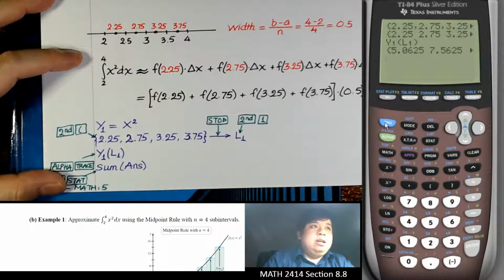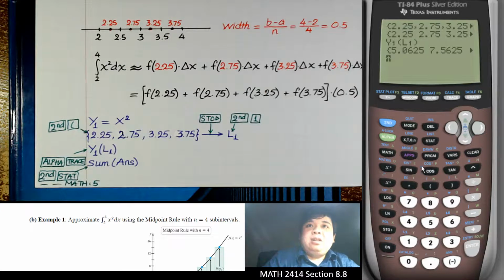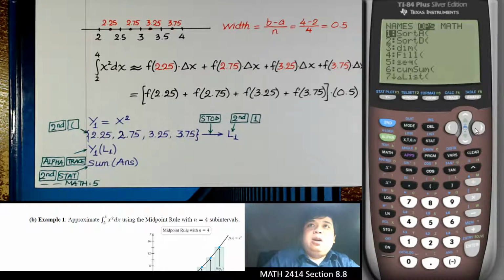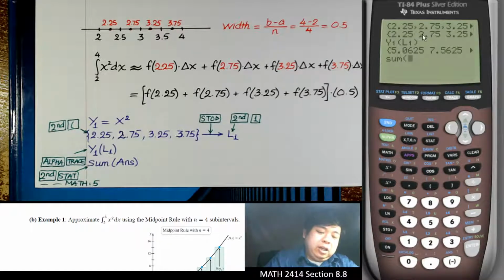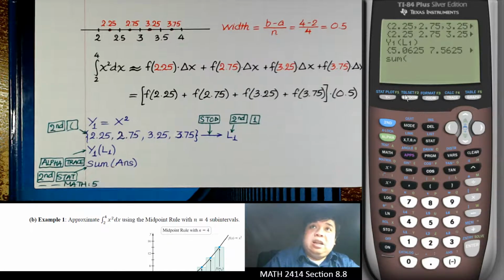Again, second stat, go to math, option number 5. Right, summation. And then the answer here is second, the negative sign.